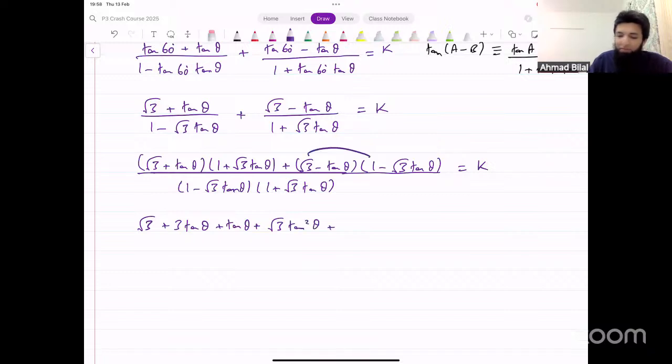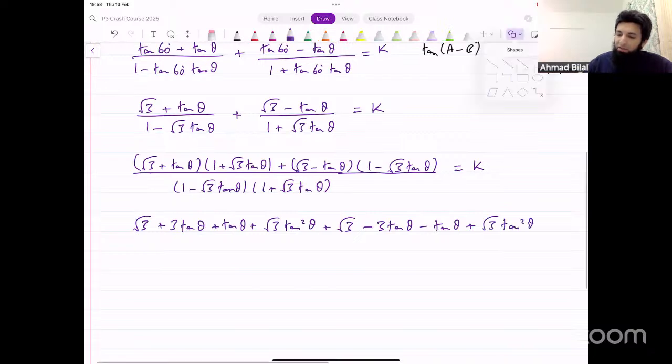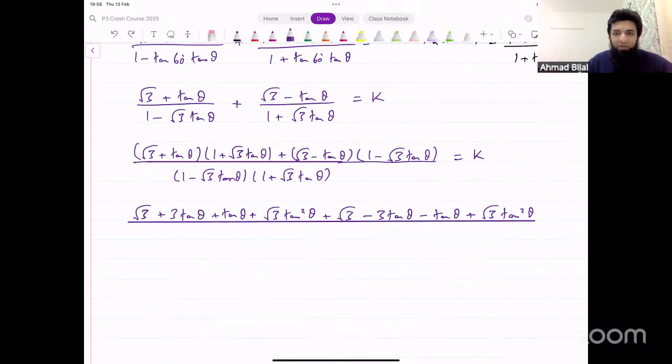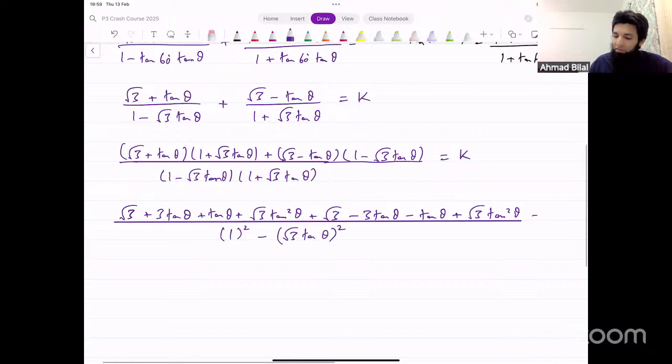Then square root 3 times 1 is square root 3, square root 3 times the negative term is minus 3 tan theta, and then minus tan theta plus square root 3 tan square theta. This whole thing is divided by (1 minus square root 3 tan theta)(1 plus square root 3 tan theta), which is of the form (a minus b)(a plus b), so it can be written as a squared minus b squared. That's 1 squared minus (square root 3 tan theta) whole squared. On the other side, you have k.